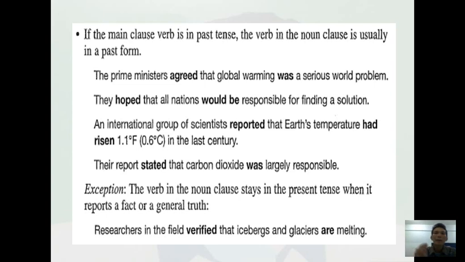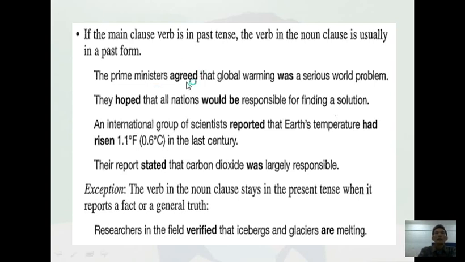But if the independent clause or main clause is present tense, please change the dependent clause or noun clause into the present tense. You have to create an equal form: simple present with simple present. Don't create one single sentence containing two kinds of formula, present and simple past.